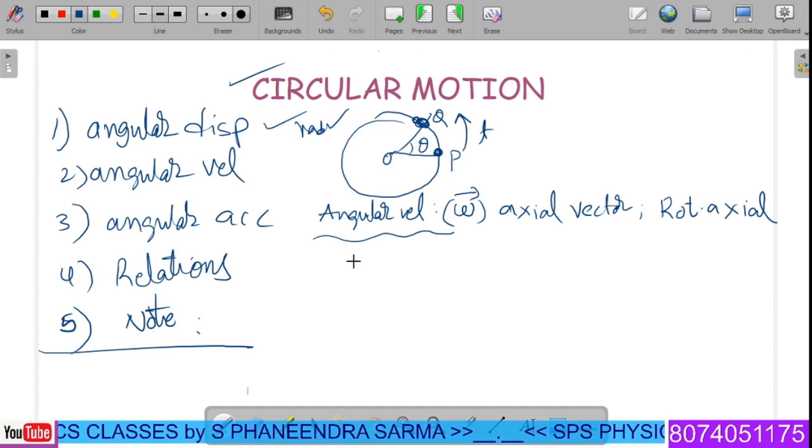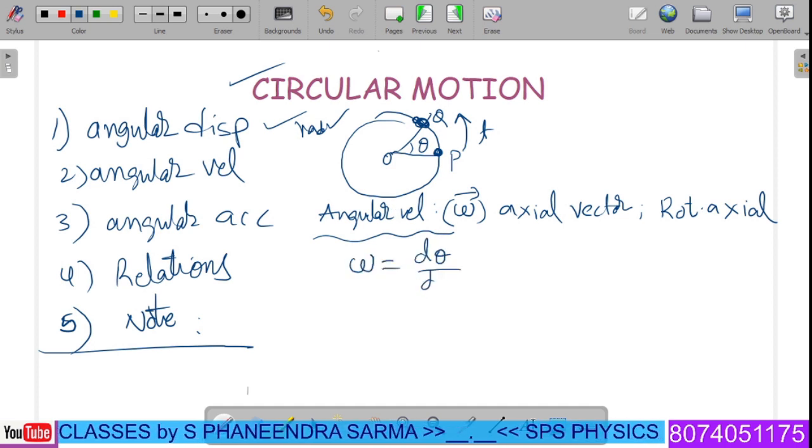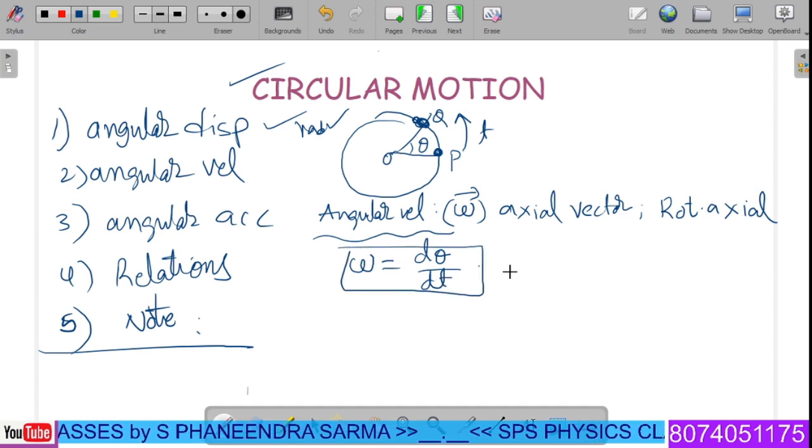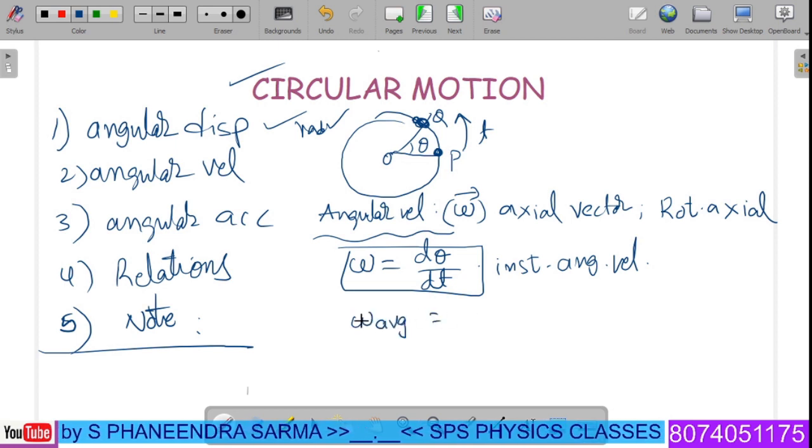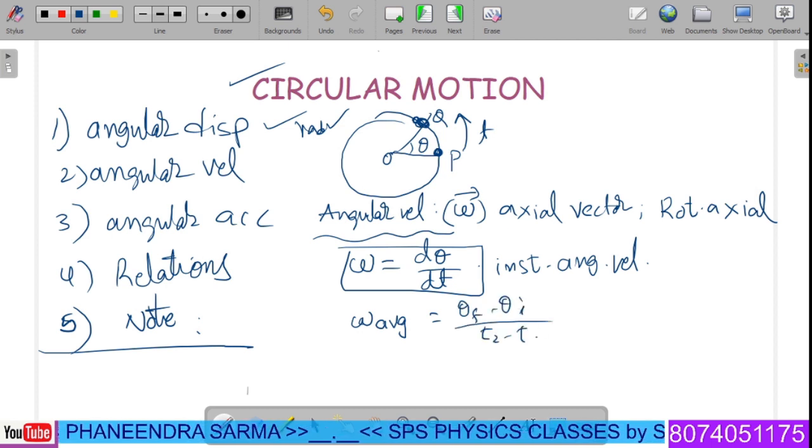Anyways, angular velocity is defined as the rate of change of angular displacement. This is known as instantaneous angular velocity. And we have one more formula, average angular velocity, given by theta final minus theta initial by t2 minus t1.